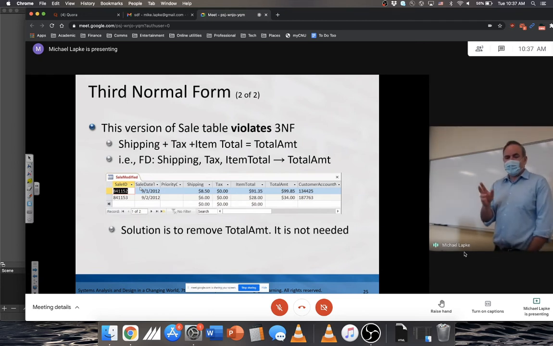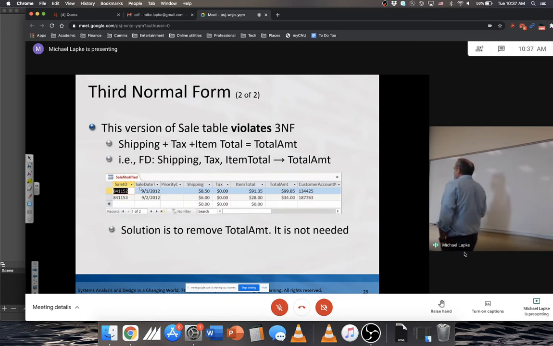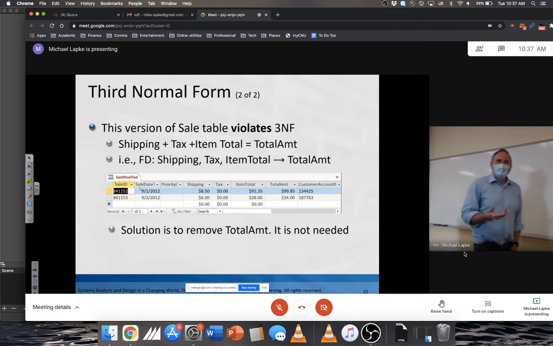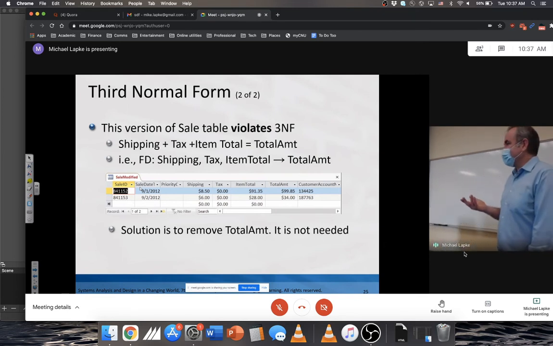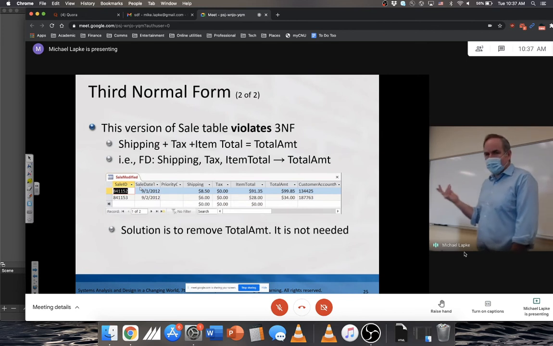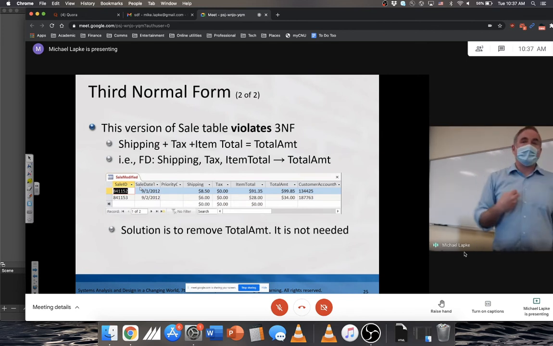The total amount is based on the shipping plus the tax plus the item total, and this violates third normal form. This is an interesting example the author is giving, because that's technically a calculated field, which you can do as part of a query. You would never store this anyway. But I get what they're saying. Generally, when you do a third normal form example, you say this is where you would store this externally.